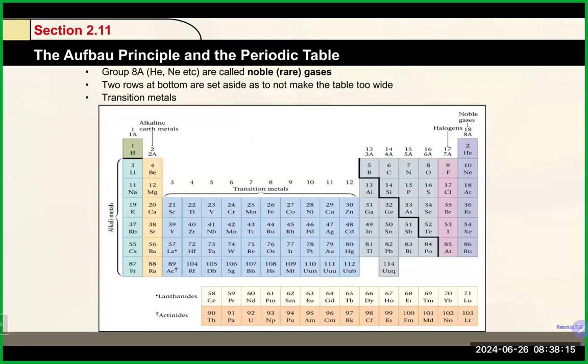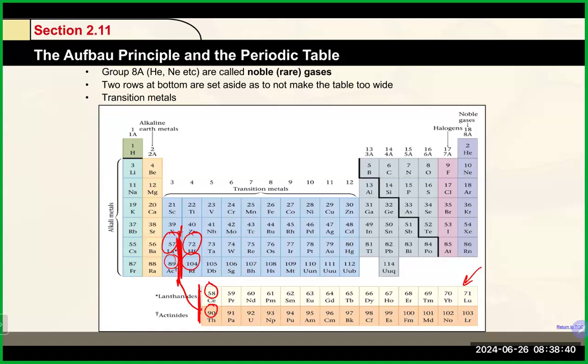The two bottom rows here, which are also metals, technically, if you follow the atomic numbers, we have 57 and 72, so that 58 actually should go right in there. And if we come down here, 89 to 114, so that 90 actually should go there. So these two rows should actually go right there.